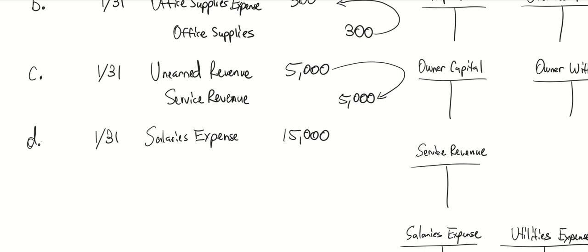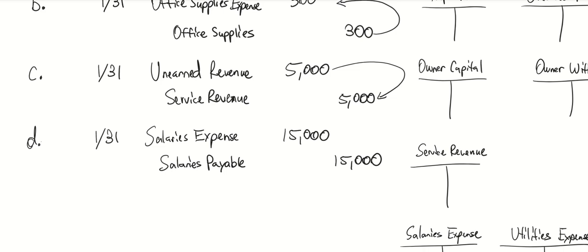And the other account that's going to be credited, not cash, because cash hasn't been received. We see accrued in the transaction there. So salaries payable is going to be credited for $15,000. Okay, payable is a liability account. You will also see something that maybe say accrued expenses.